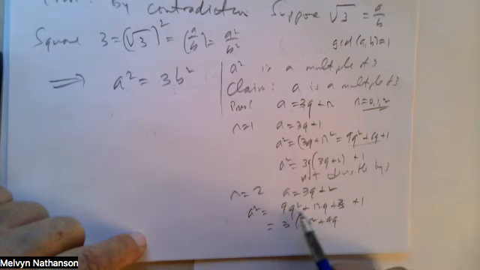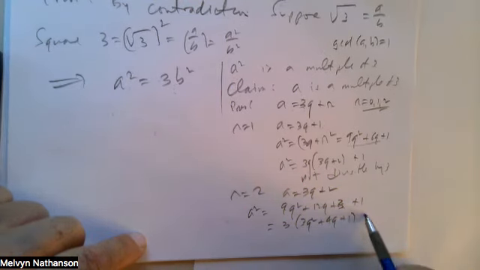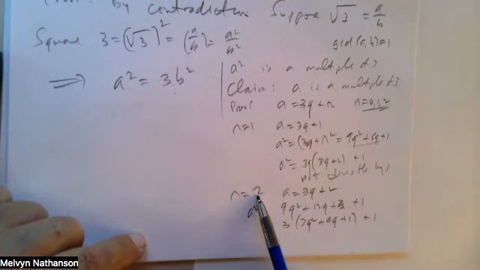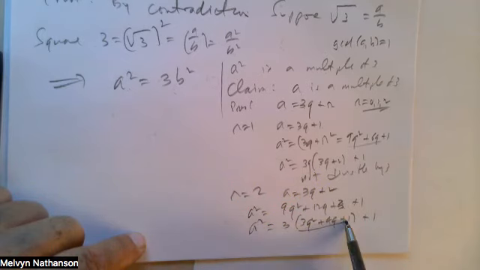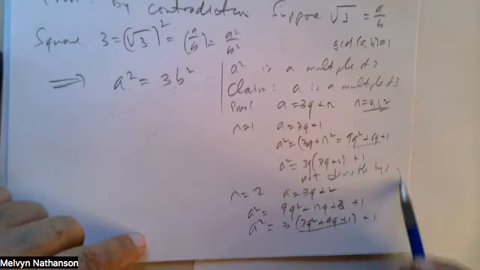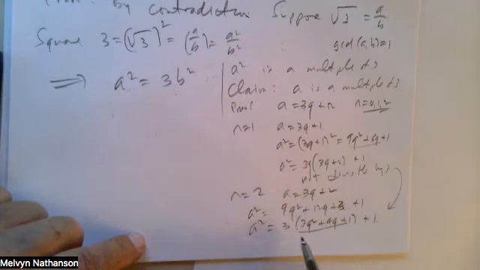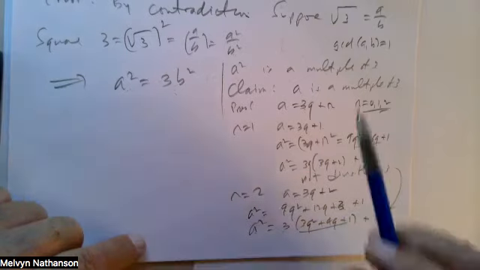So if a is of the form 3q plus 2, then a squared is 3 times something plus 1. Again, it's not divisible by 3. If you divide a squared by 3, you get a remainder of 1.